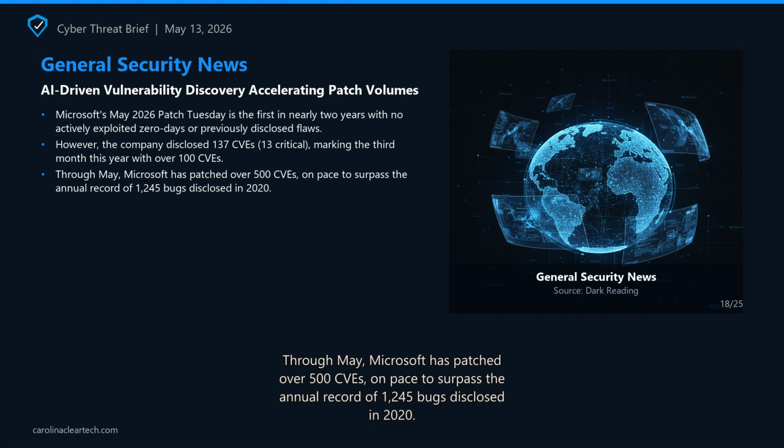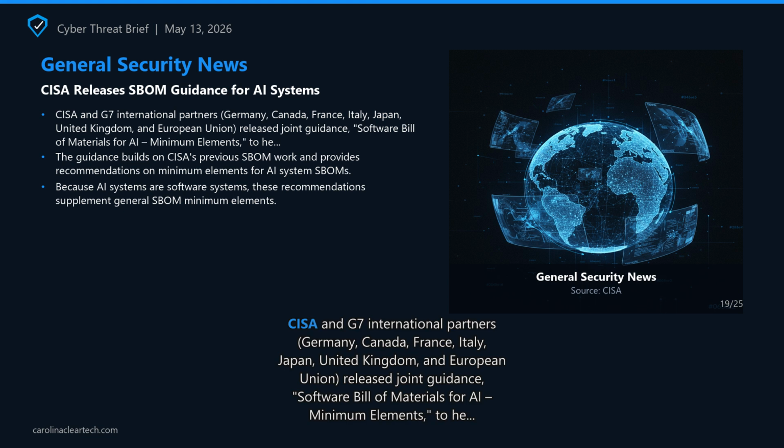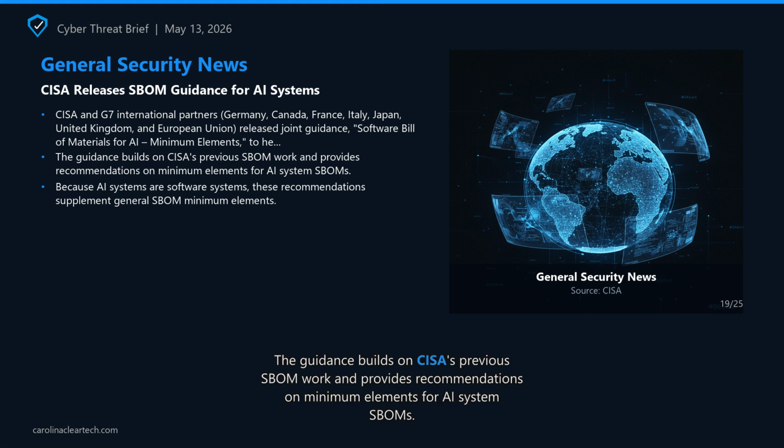CISA, the Cybersecurity and Infrastructure Security Agency, releases SBOM guidance for AI systems. CISA and G7 international partners, Germany, Canada, France, Italy, Japan, United Kingdom, and European Union, released joint guidance, Software Bill of Materials for AI: Minimum Elements, to help public and private sector stakeholders improve transparency in AI systems and supply chains.